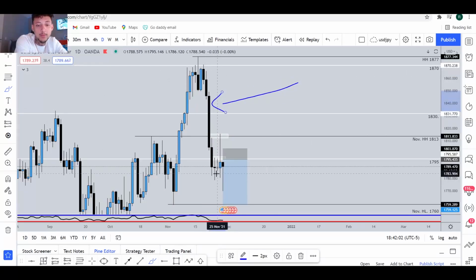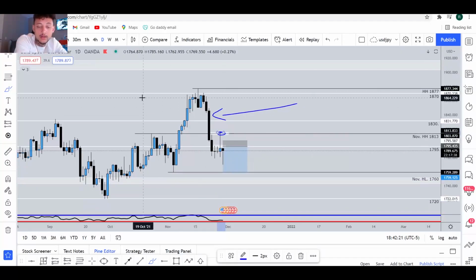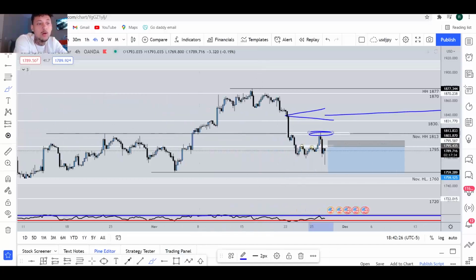Well, you have a big bearish move that's pulled back all the way back into support, and then you have a big rejection of the November higher high from October 21st, which the November higher high is also here as well, which is insane. So it's just you building a case as to why you're going to be taking these trades.